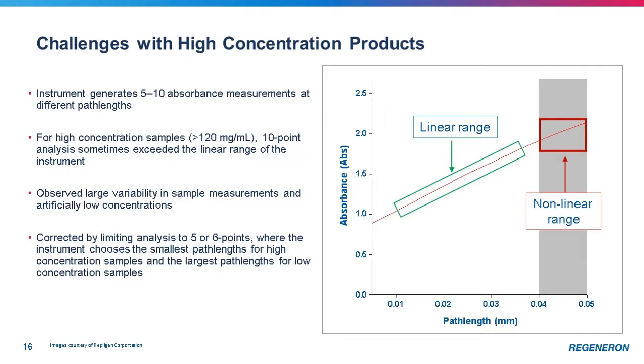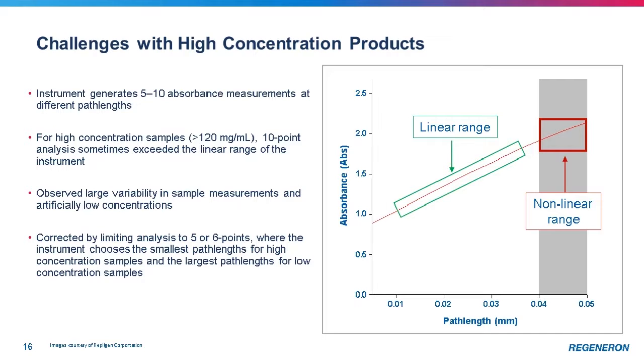This leads to large variability in sample measurements, especially across multiple analysts and multiple instruments, and sometimes produces artificially low concentrations for our samples. However, as we can see in the graph, there is still a linear range at lower path lengths that can be used for these concentration measurements.